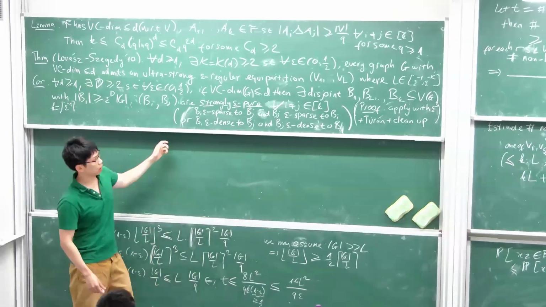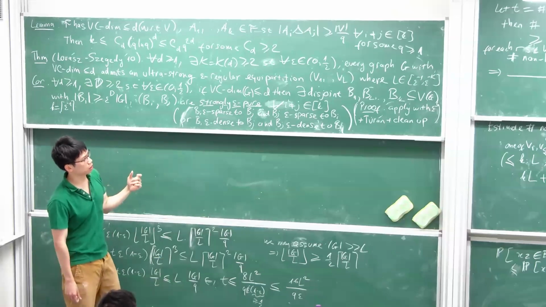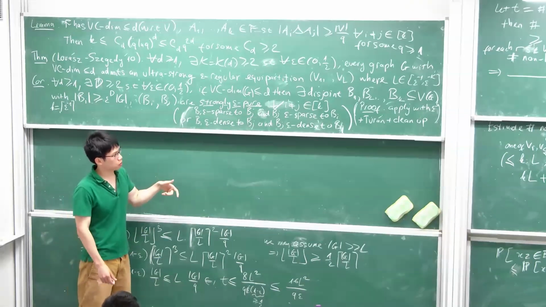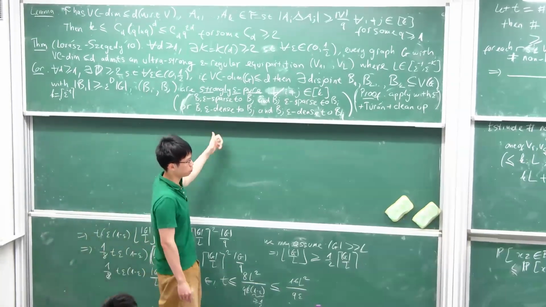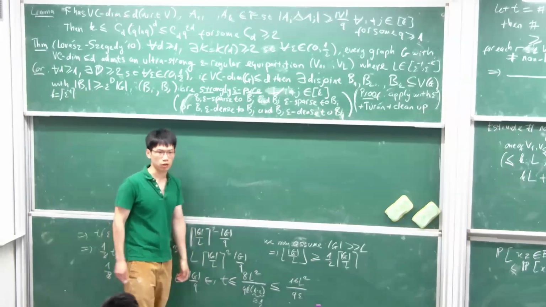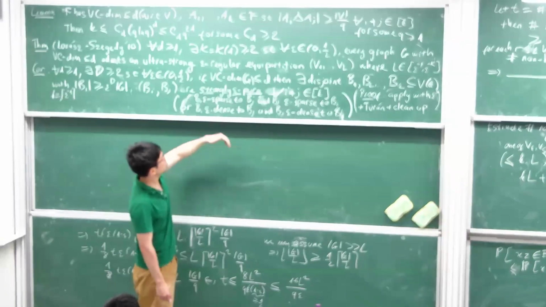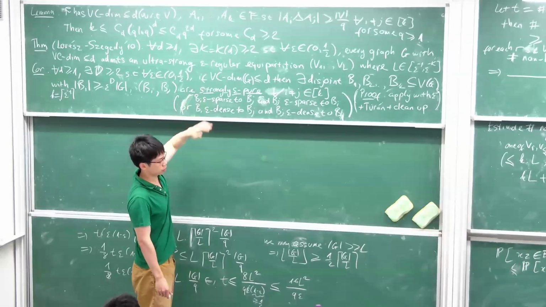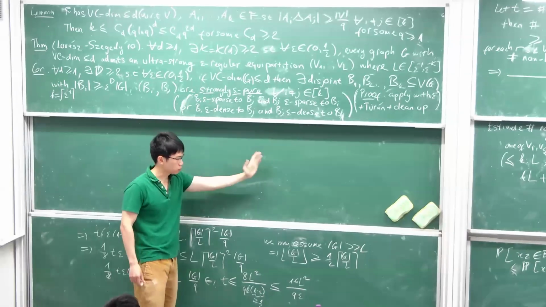Strongly epsilon pure means they are epsilon sparse or epsilon dense to each other. The definition of epsilon pure was by counting edges between the two sides, but now we have a slightly stronger condition, which is strongly, and strongly means a condition on the max degree from one side to the other.